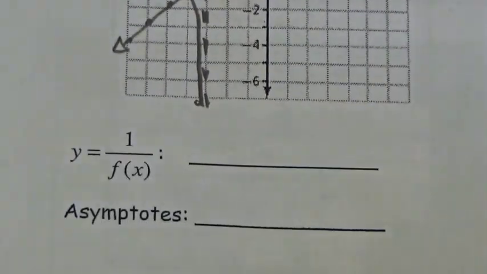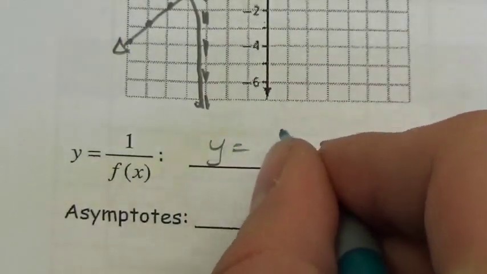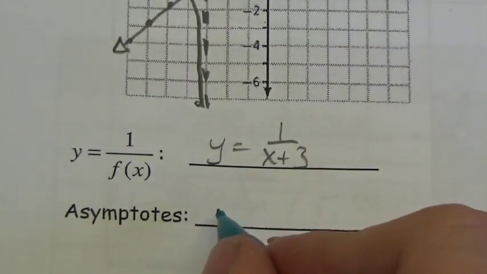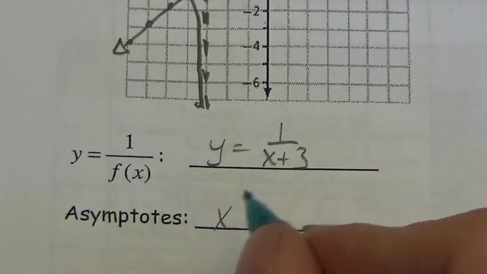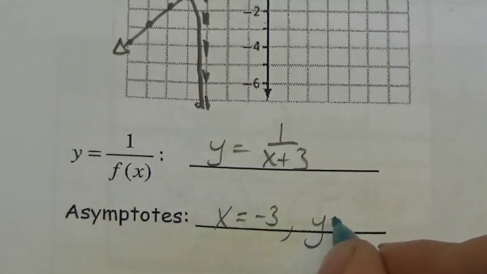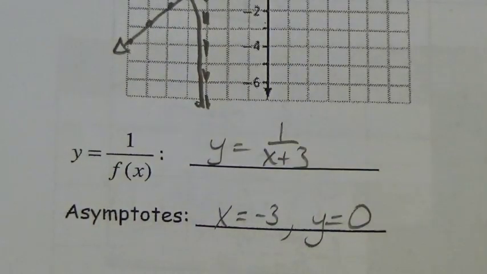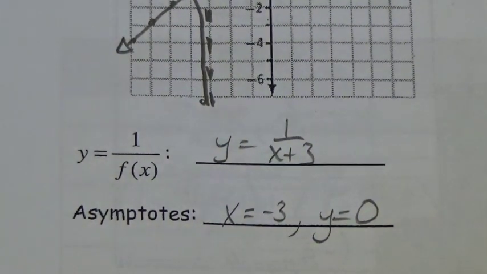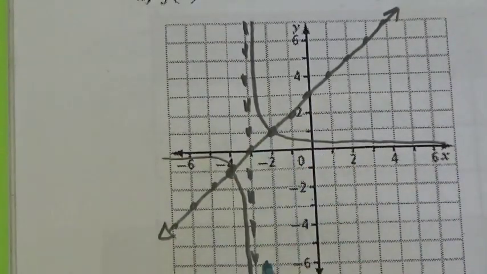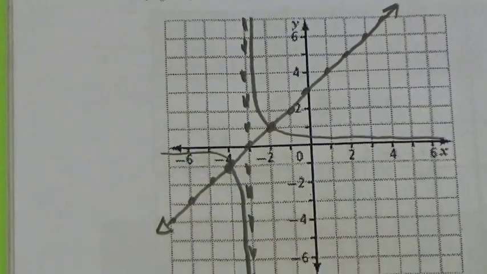Now, the equation is going to look like this. It's going to be y equals 1 over x plus 3. That's easy. We've already seen that it had a vertical asymptote, I should say, at x equals -3. But it also had a horizontal one at y equals 0. And almost every one of the ones that we're going to do, they're going to end up looking like that. The invariant points we could read right off the graph. That was (-2, 1), (-4, -1).